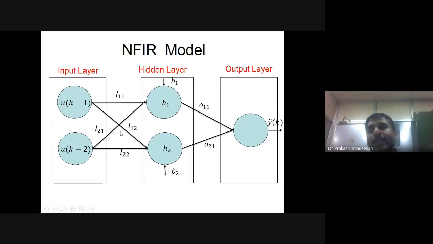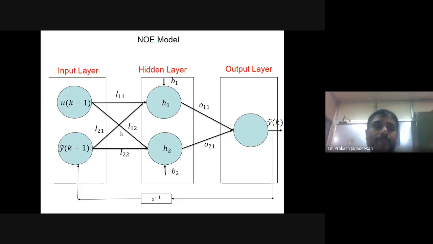Again, you can determine the weights using backpropagation, because it's a feed-forward neural network, or pose it as an optimization problem, or use extended or unscented Kalman filters and estimate the weights recursively. There are many methods available for training neural networks, and with their help you can capture the dynamic behavior of the system.